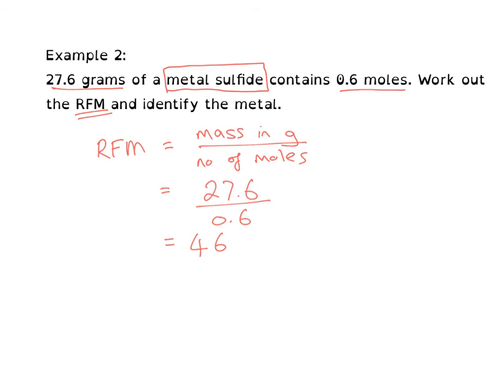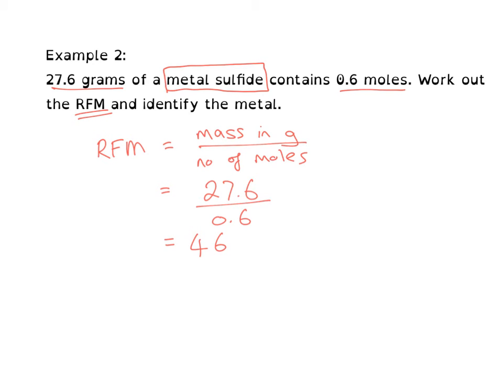If you did it the wrong way round and divided the wrong things by each other, you'd get a number like 0.02. Now that can't be the RFM of a compound made up of different elements, because the smallest element weighs 1. If you multiplied them together, you would end up with a ludicrous number like 16.56. Again, that isn't going to work. You can't find atoms that add up to 16.56.